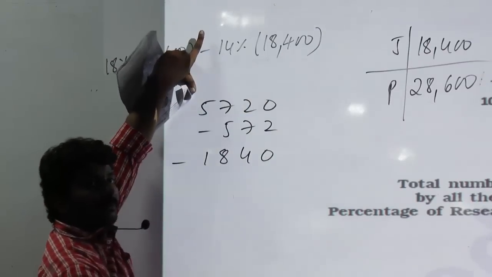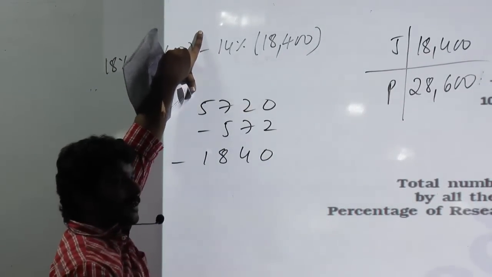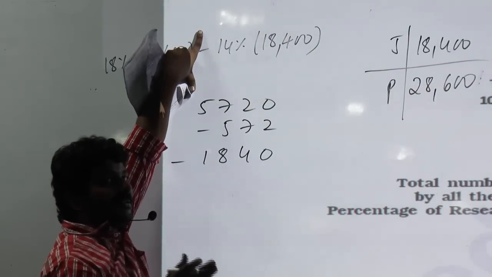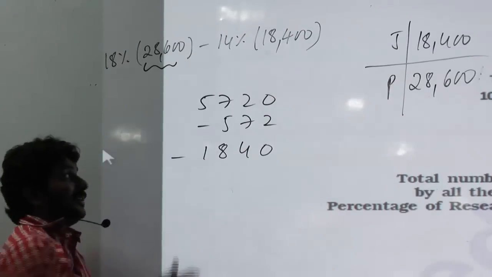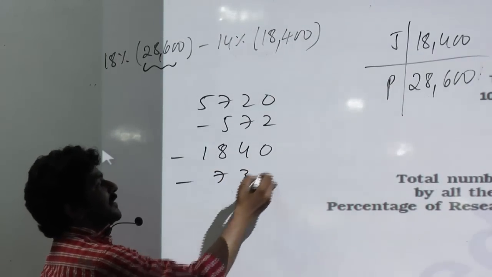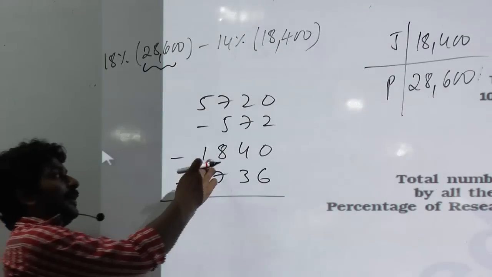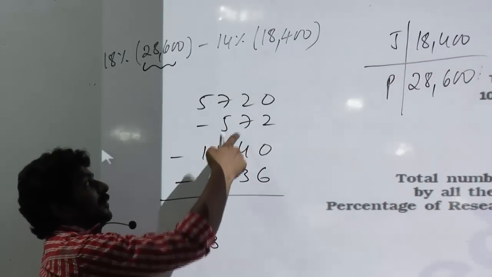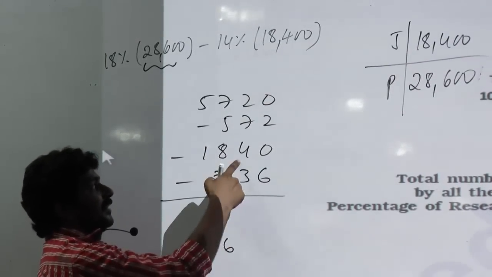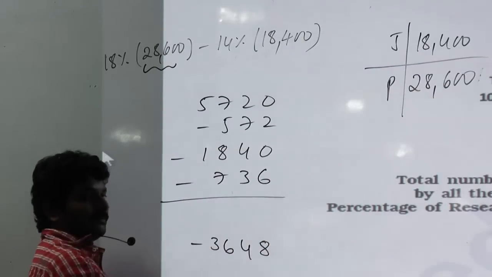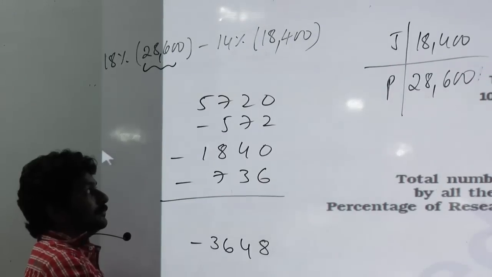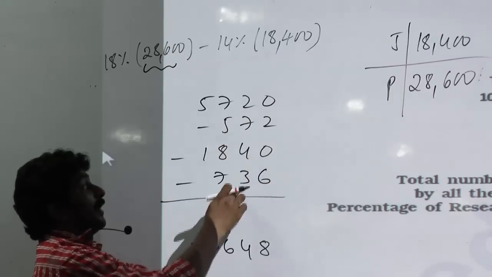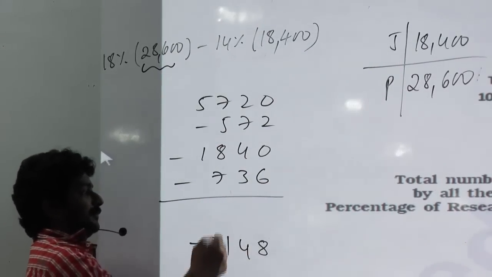1% is 184. 4%, 184 4 times. 180, forget about 4. 180 double, 360 double, 720, 4 4 16, 736. 1800, 700, 2500 plus 500, 3000, 3648. ఏదో తేడా వచ్చింది. ఆగండి. 3148, 3148.